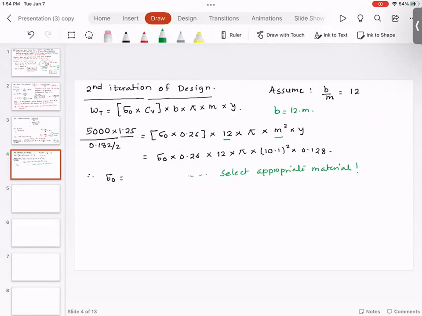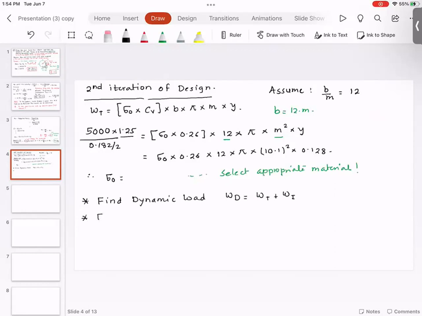Are you with me so far? Now, this is not a complete design problem, but if you want to continue with the design, the next step is to find the dynamic load, which is WD, which is WT plus WI.